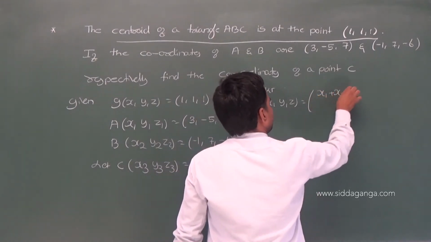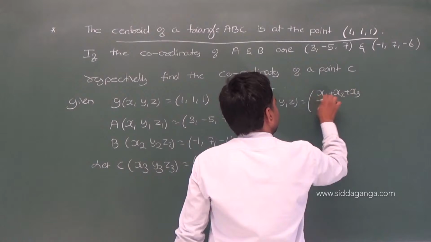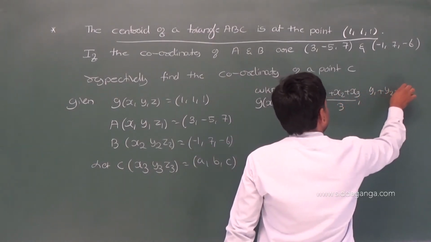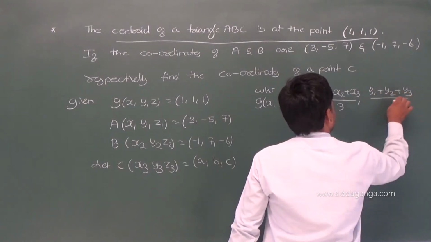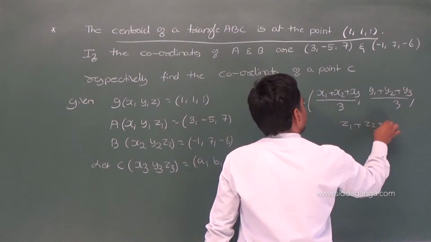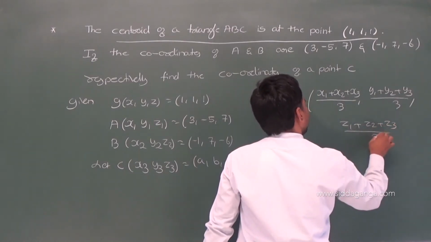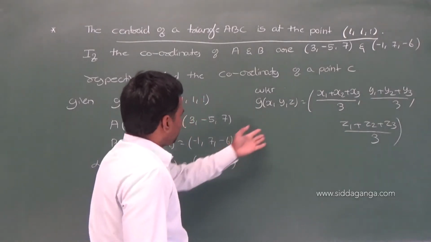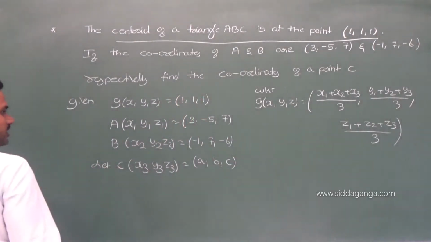For that we know that G of x, y, z is equal to the centroid formula: x1 plus x2 plus x3 divided by 3. Similarly, y1 plus y2 plus y3 divided by 3, and the z coordinate z1 plus z2 plus z3 divided by 3. Substitute all these values.